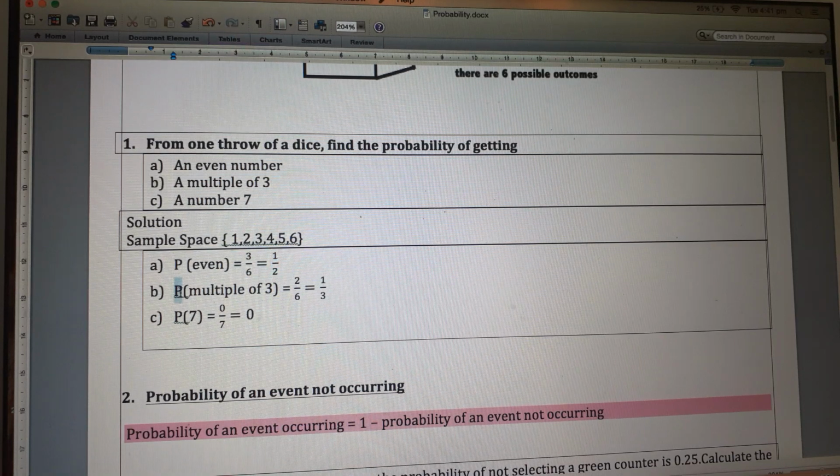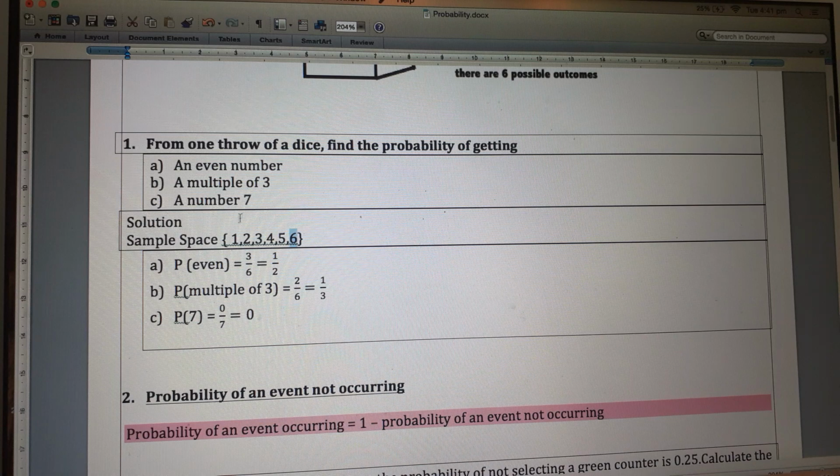If we have to find the probability of a number which is a multiple of 3, I will again go to my sample space and look for the numbers which are multiples of 3. Like 3 is a multiple of 3, 6 is a multiple of 3.